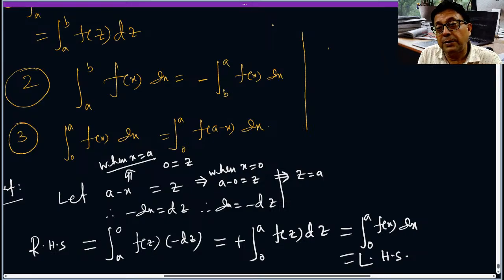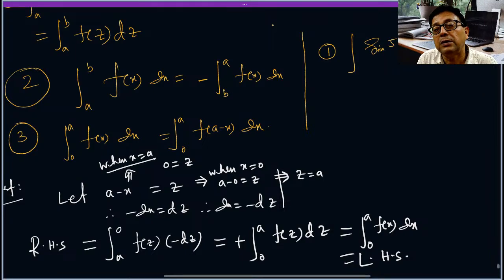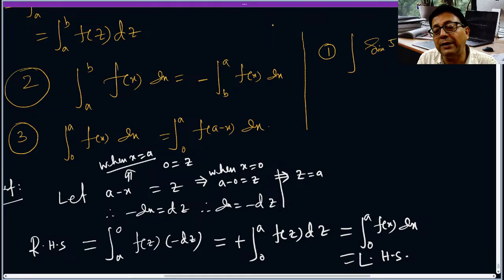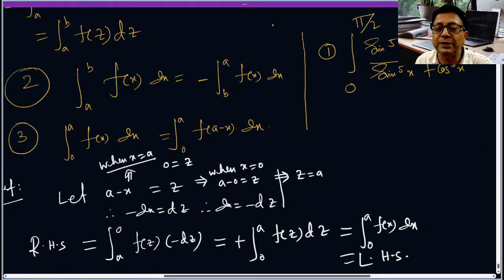Suppose I told you to integrate sin⁵x dx by sin⁵x plus cos⁵x, limit is from 0 to π/2.